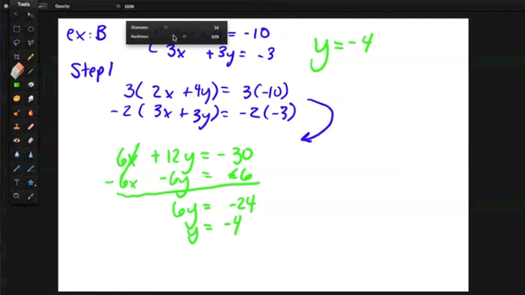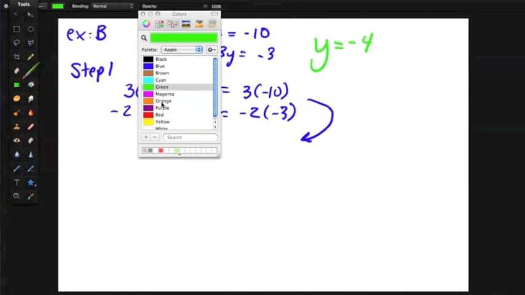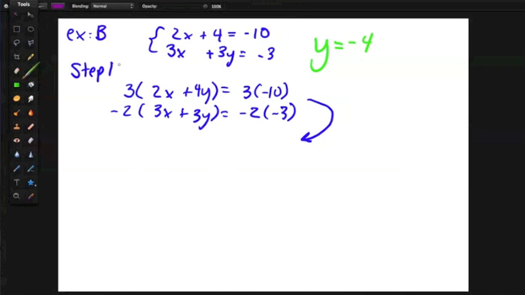Now that I have that, I can plug that into my next equation. Let's erase this. I'm going to substitute that y value into one of the original equations. Now I'm going to choose the 3x plus 3y equals negative 3, that second equation.